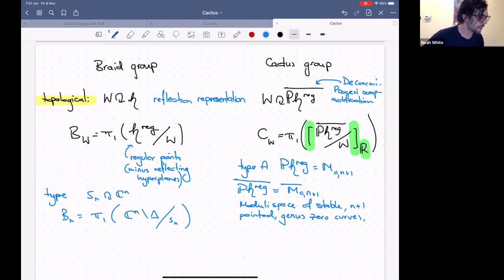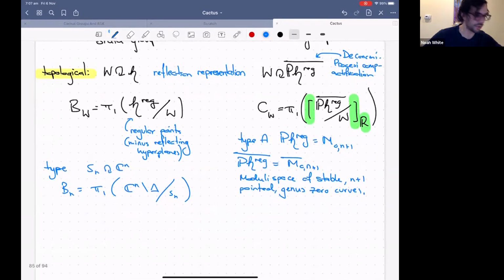Okay. What did I want to say? Let's see. Okay, and so maybe I can tell you why this is called the Cactus group now. So an element of this, or a point in this moduli space, what does it look like? Well, a genus 0 stable curve with n+1 marked points looks something like this, right? It's genus 0, so it's a chain of P1s.